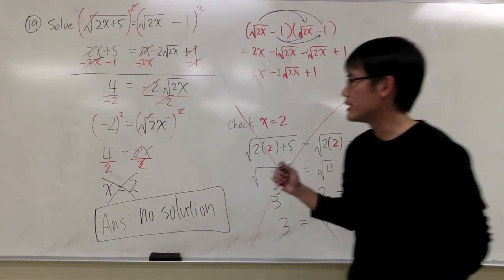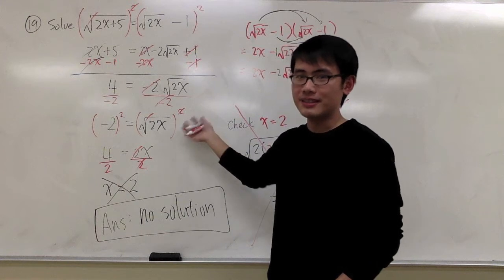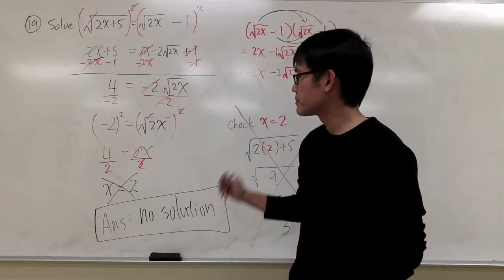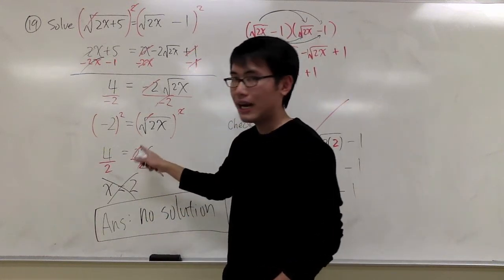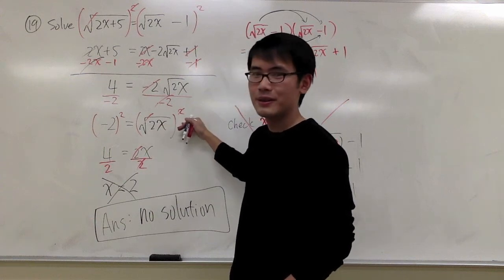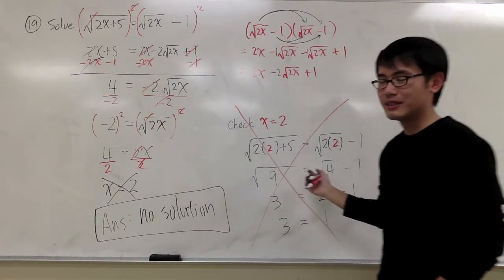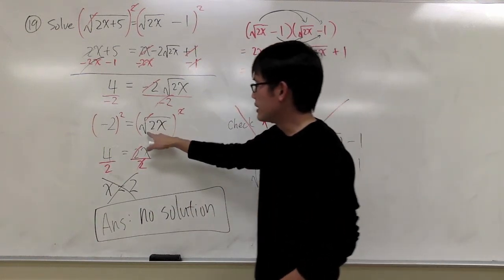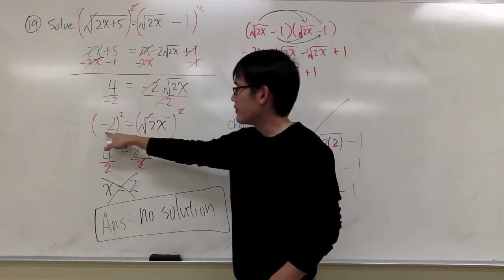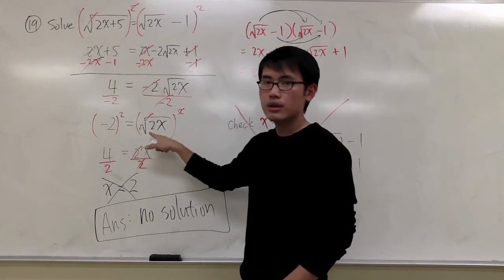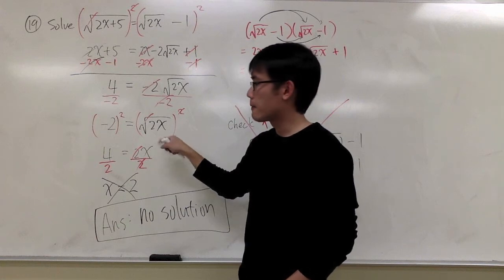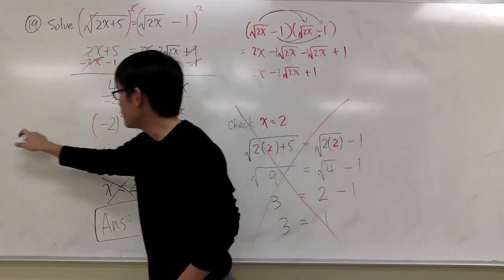And now let me get back to the secret that I mentioned earlier. We could have stopped right here. We didn't need to go through all this. Because as you can see in the black, I have negative 2 is equal to square root of 2x. So let me write this down right here.